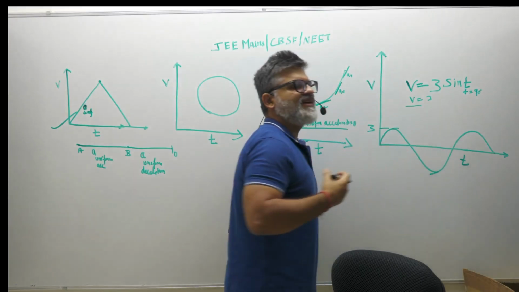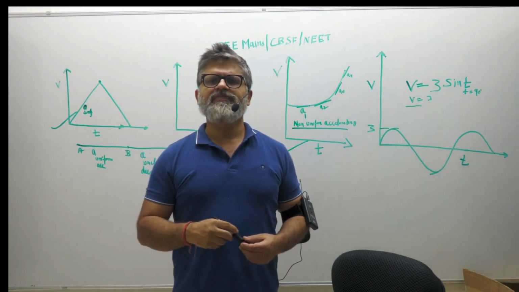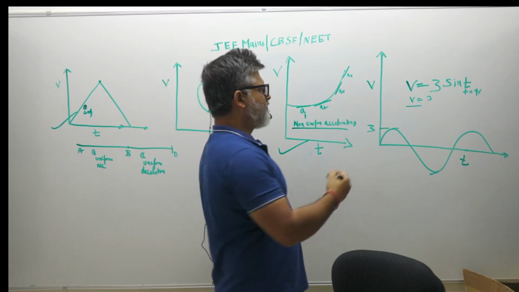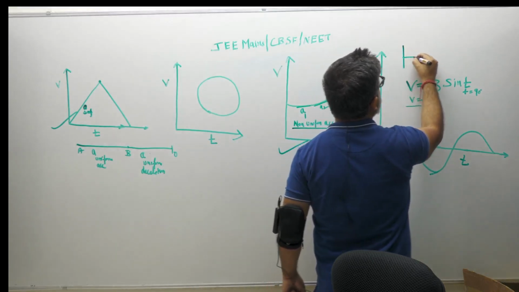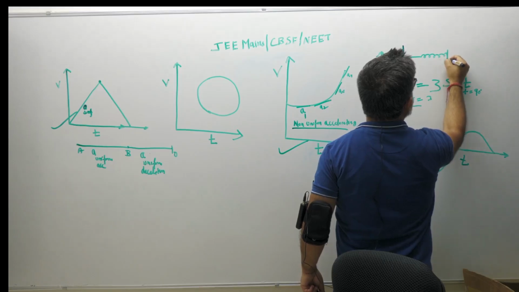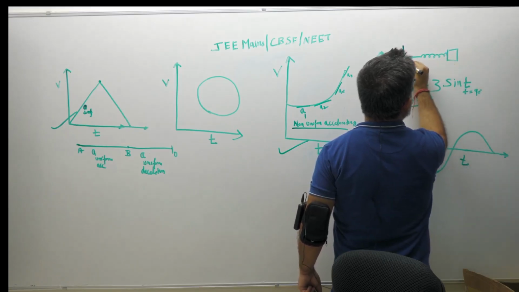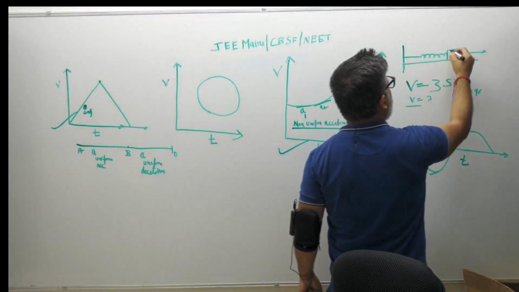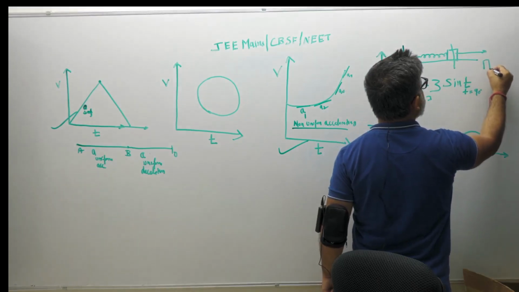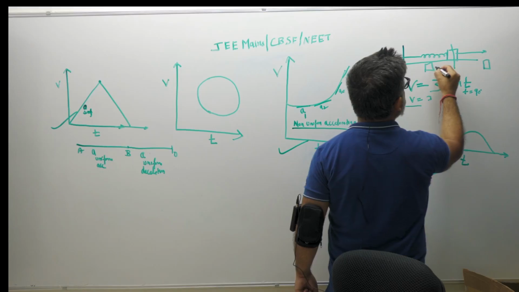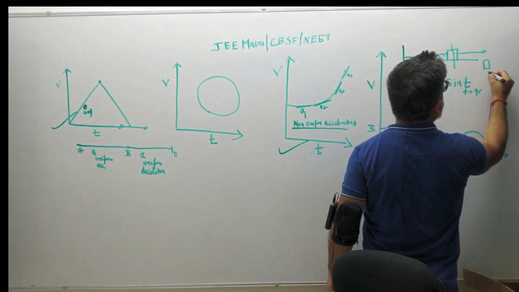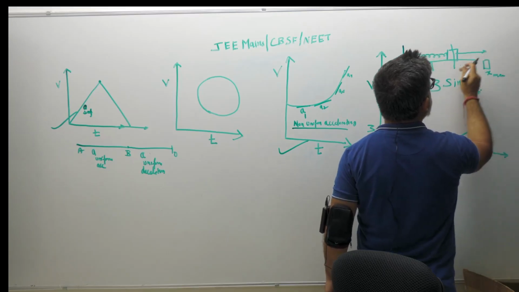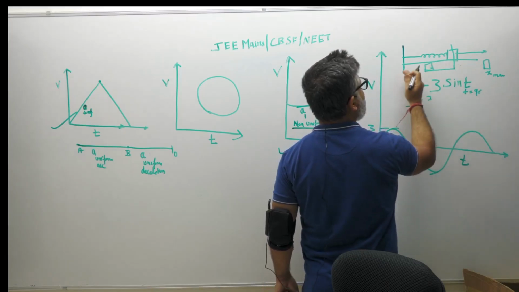So if I think in terms of a motion which gives me a sine curve, a spring which is connected to a block, lying on the ground, is pulled, and then you leave it. So this shows simple harmonic motion. It reaches x max, which is the amplitude of the motion, and on the other side, the amplitude of the motion.